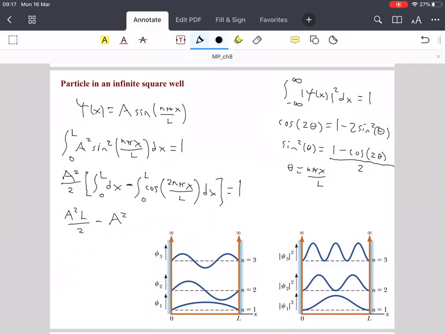And you get A squared over 2 times this L over 2 pi n multiplied by the cosine becomes a sine of 2n pi. And that whole thing is equal to 1.